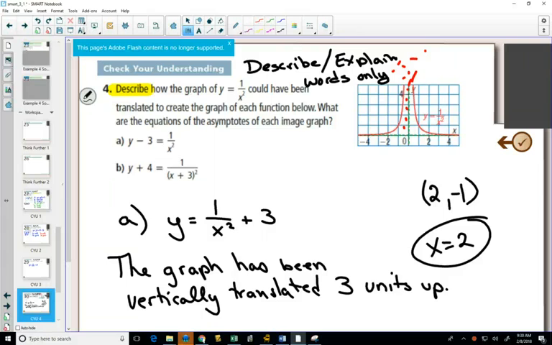Someone in the other class said, if I didn't write vertically, would I still get it right? Well, the question that has to be asked is, is it still clear what you meant? So if I take out the word vertically, and it says has been translated 3 units up, is that clear? Yes. It's still telling you which way it's going, right? It's not like up can't be horizontal. So I said, yes, that would still be considered correct.